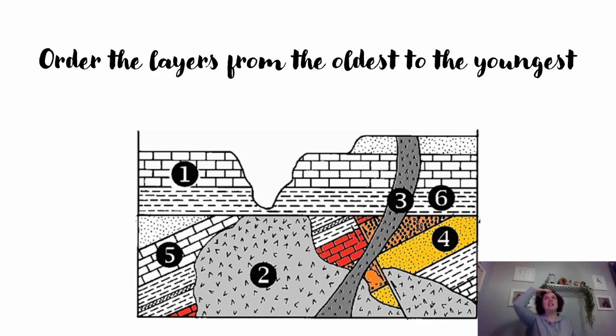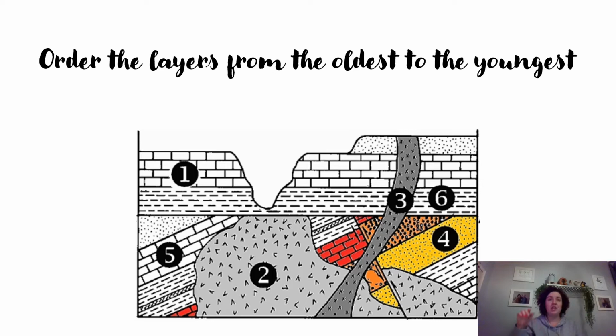So understanding the difference in your principles and all that kind of stuff, what I want you to do is order the layers from oldest to youngest. Okay, remembering the principle of superposition, remembering the principles of cross-cutting relationships and original horizontality, all that kind of fun jazz.